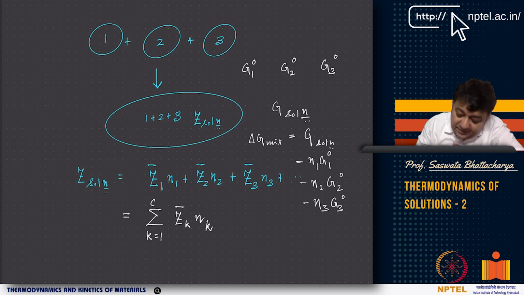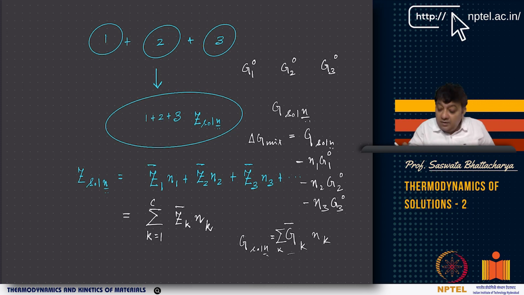So remember again that G solution can also be written as G bar K N K, or G bar I N I, and then sum over K, right? So this G bar K, or you can call it mu K N K, is of the solution, after mixing.